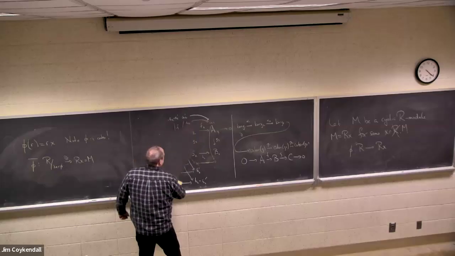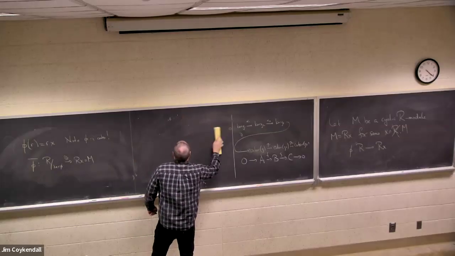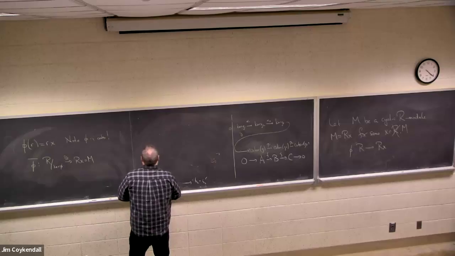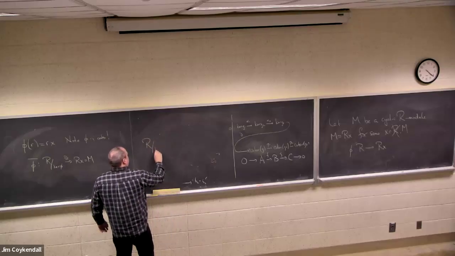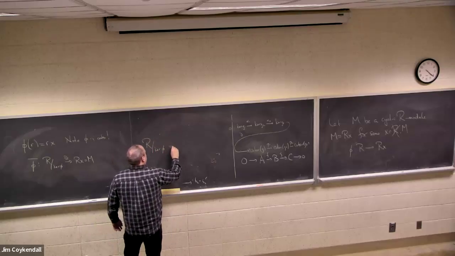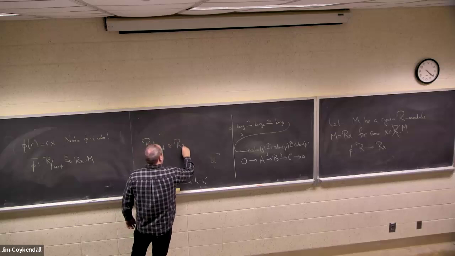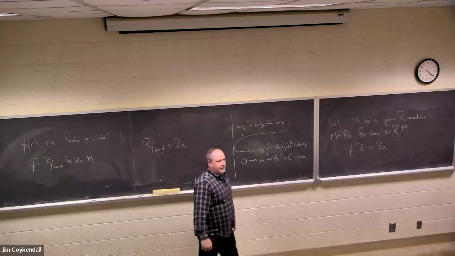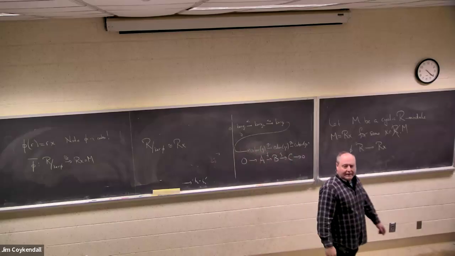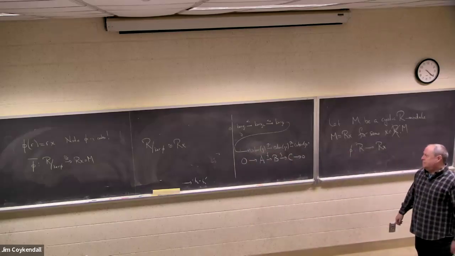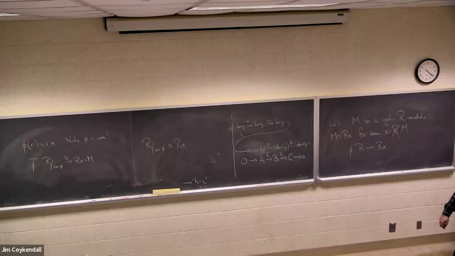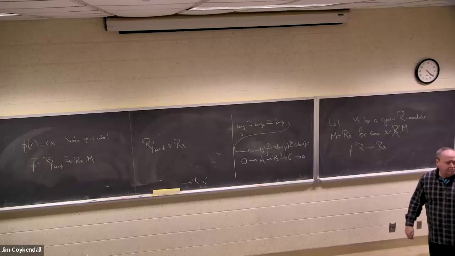And the kernel of phi is an ideal of R. So the answer is yes. And in fact, this is free if and only if the kernel of phi is trivial.